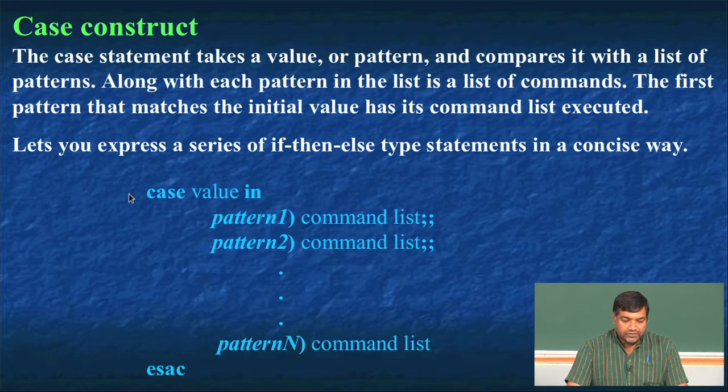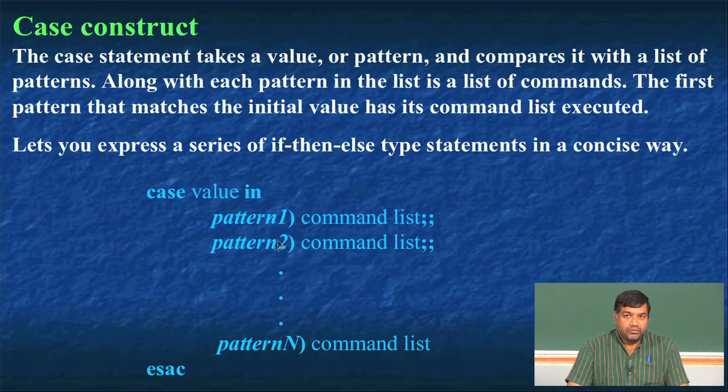In the syntax, we have the keyword case, and then we give a particular value that a user gives, and each of these patterns refers to one particular path that you want to take out of this whole logic.